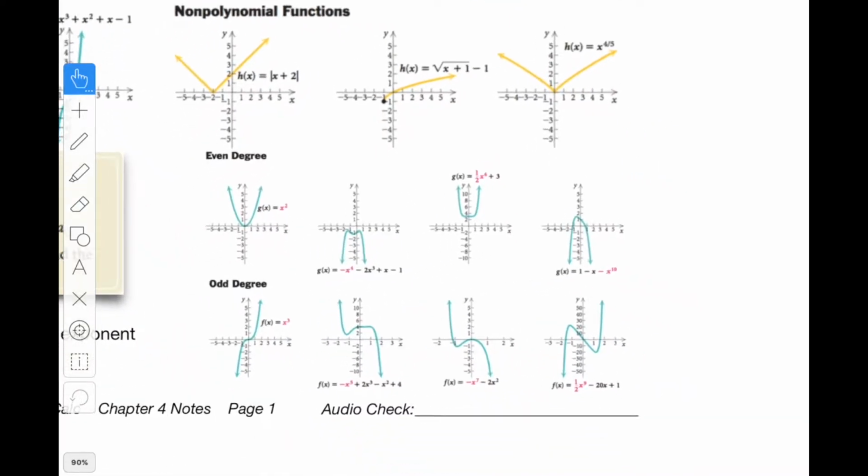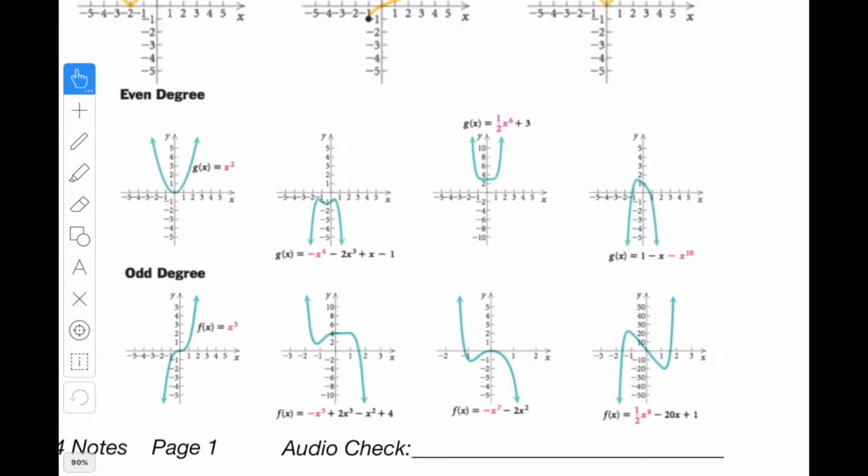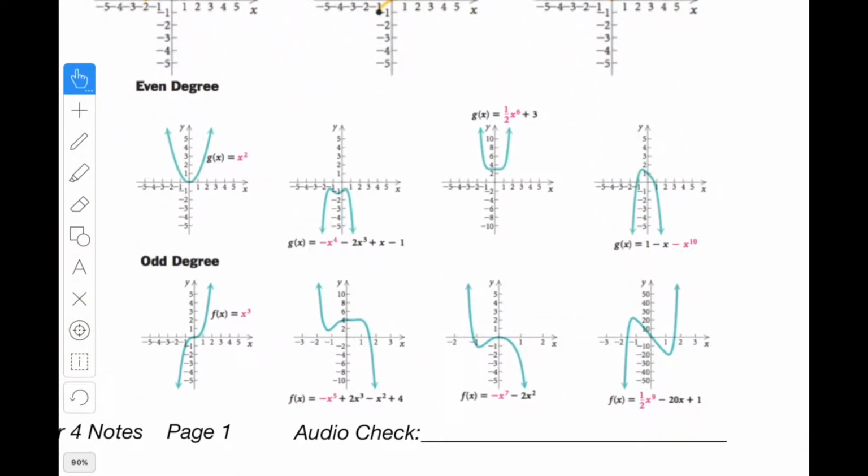And you can see we can break them up into two categories of polynomials. The category where you have an even degree, where the highest exponent is even: 2, 4, 6, 10. And then an odd degree, where the highest exponent is odd: 3, 5, 7, 9.